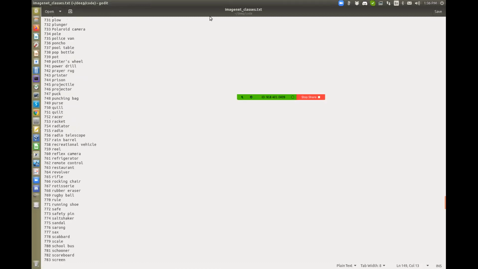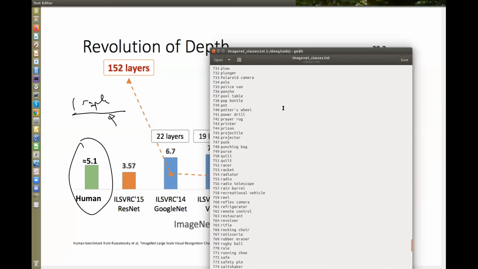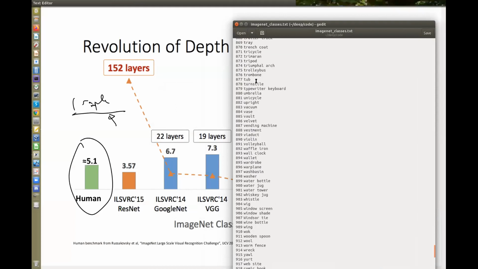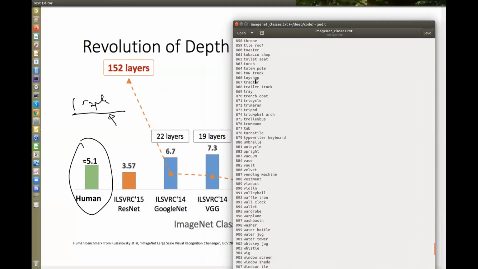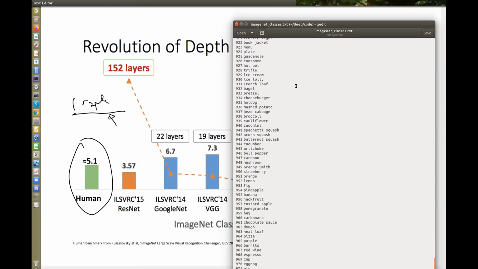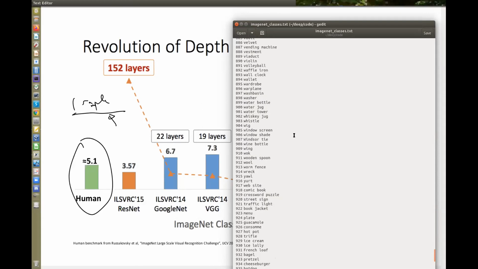The one human subject to do this task was a graduate student at Stanford, now a famous researcher. Just for fun, he tried to look through the entire list. I don't know how he did that. He probably grouped some of the similar ones, for example, because there are lots of different species of cats and dogs.